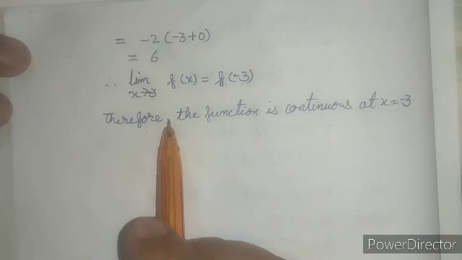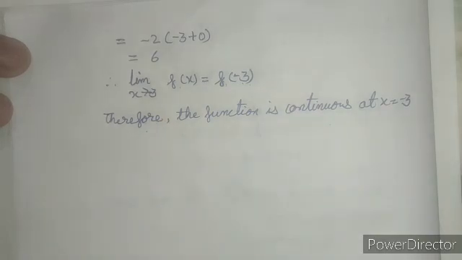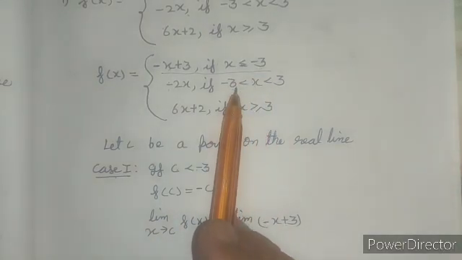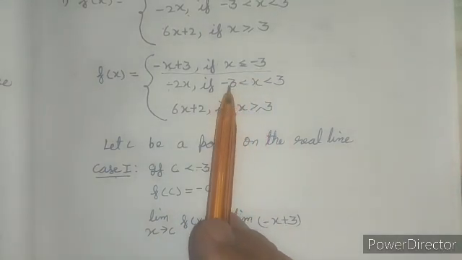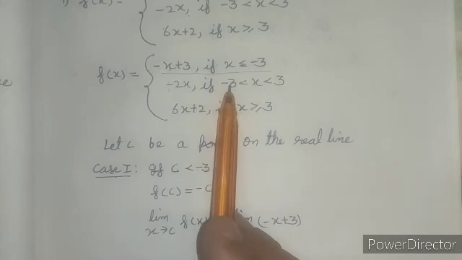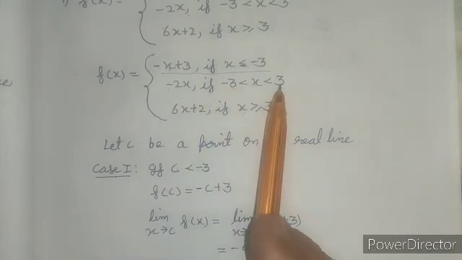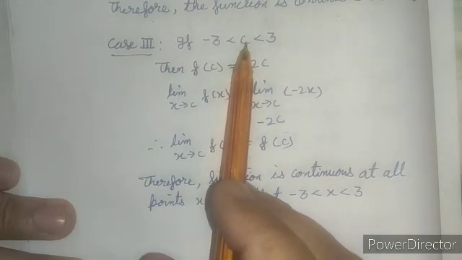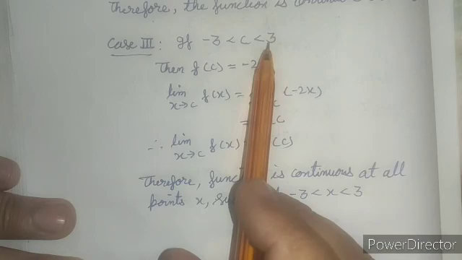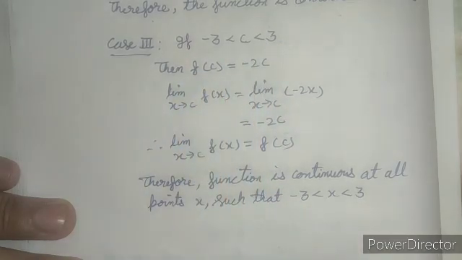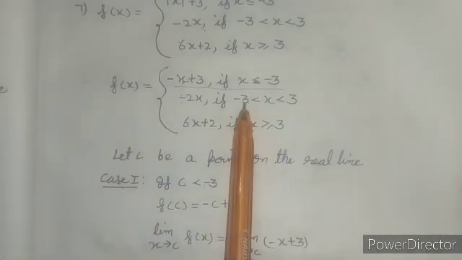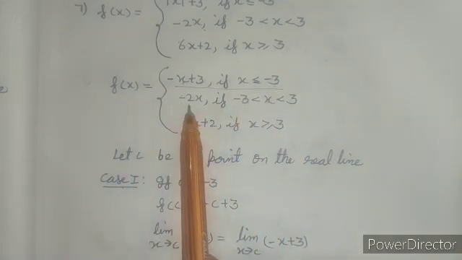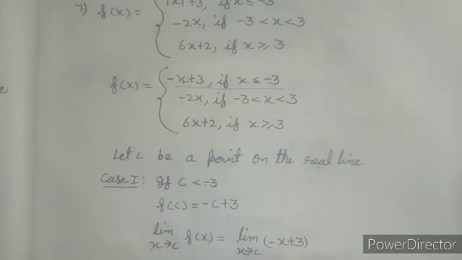Now in the next step, after checking the function is continuous at x equal to minus 3, we will check that the function is continuous at points between minus 3 and 3. In case third, if c lies between minus 3 and 3, then for the real values between minus 3 and 3, the value of the function is minus 2x. The f(c) will be minus 2c.